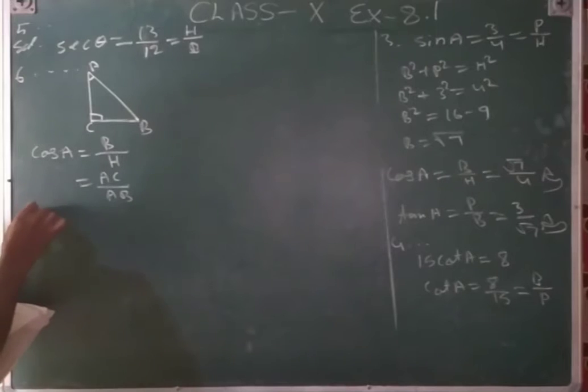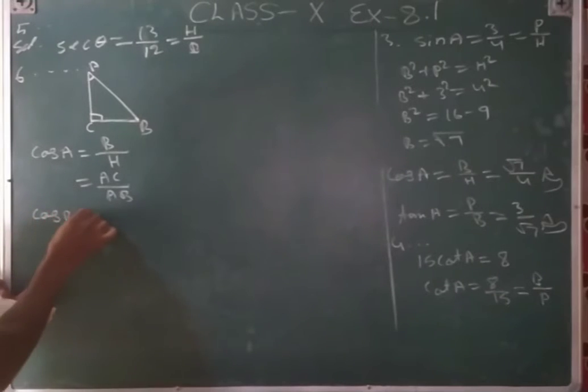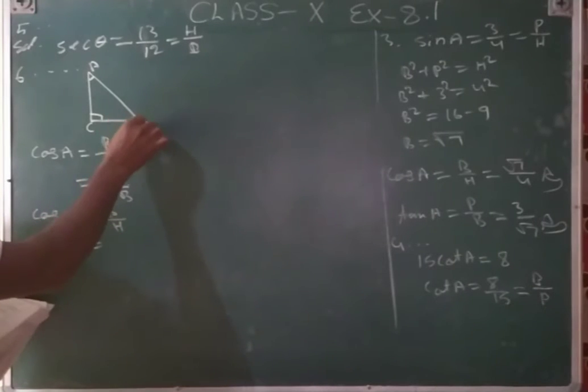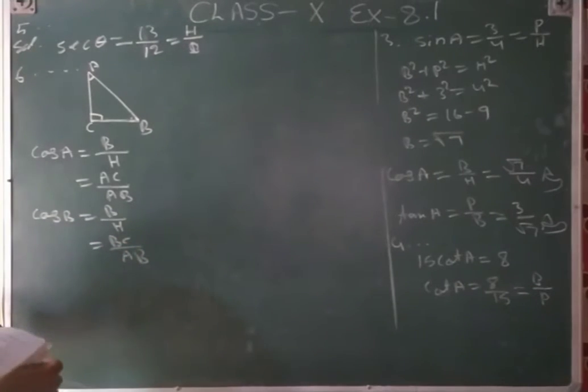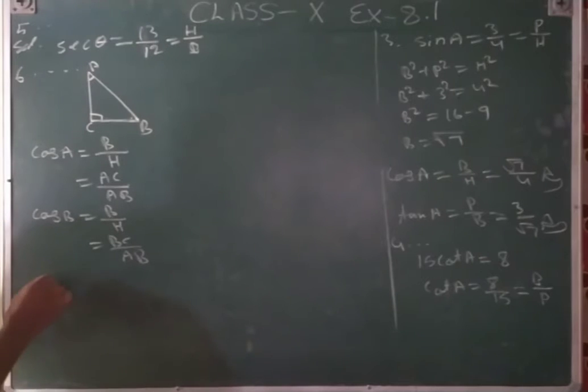And then cos B is equal to B upon H. Now looking at angle B, the base will be BC upon AB. Now the actual question is that cos A is equal to cos B. So AC upon AB is equal to BC upon AB.